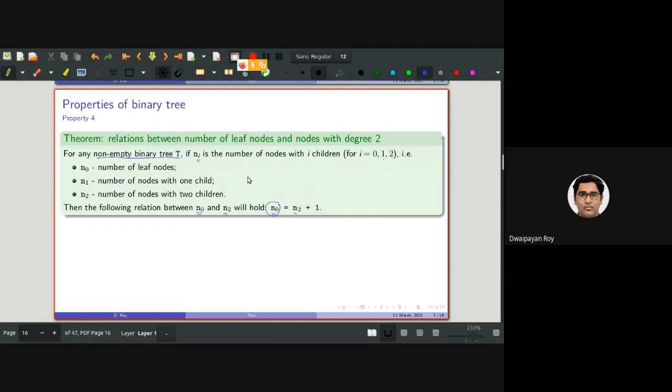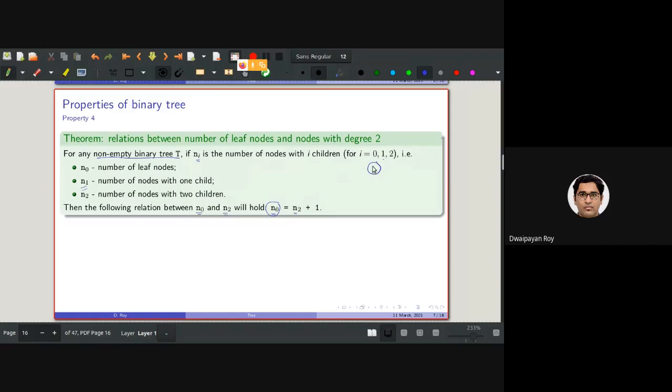But n1 is also considering the number of internal nodes, isn't it? Yes. But then sir, n2 will include n1, because n2 is basically saying the number of nodes with two children. So we can assume that every node has two children. It can be either null or not, actually.